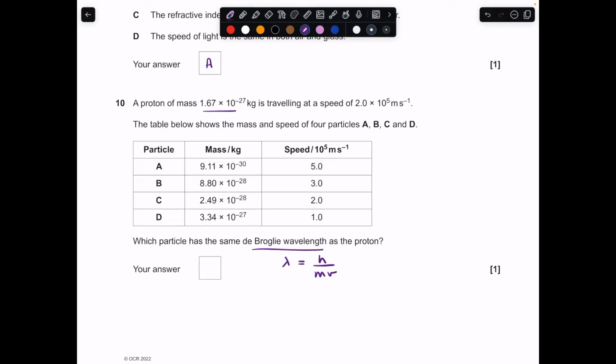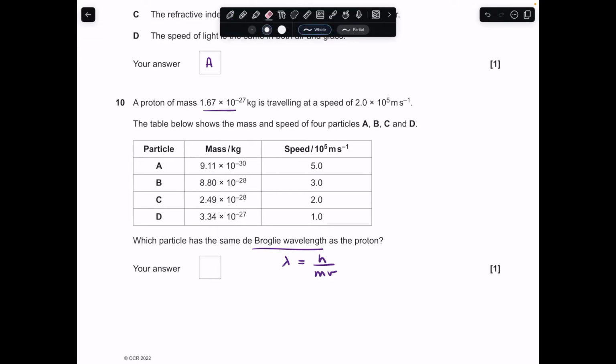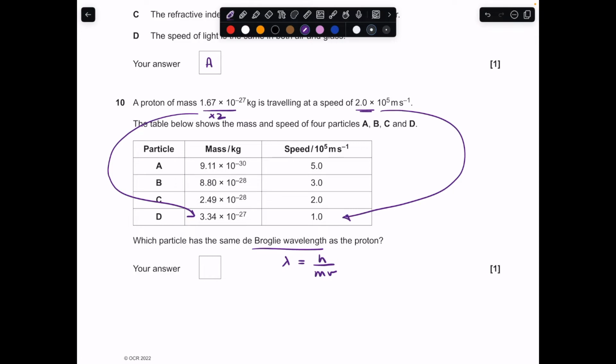And similarly, if the mass is doubled, the velocity must be halved, which in this case is working out as well, 1 times 10 to the 5. So if the mass is doubled and the velocity is halved, overall the momentum is going to be the same as the proton. So for that reason, my choice of answer will be D.